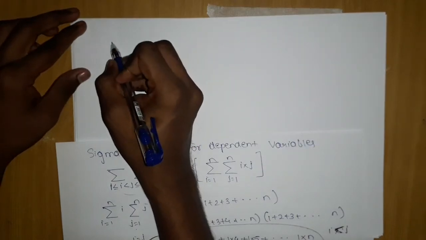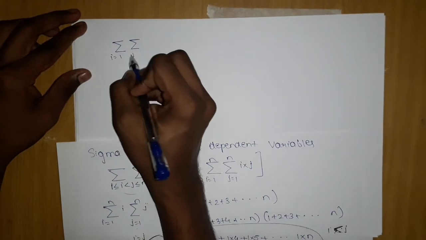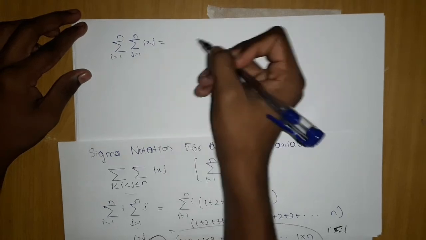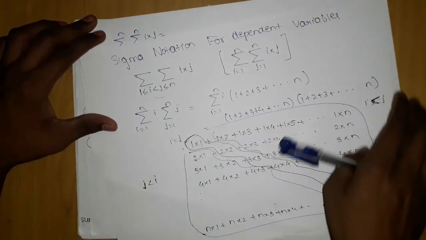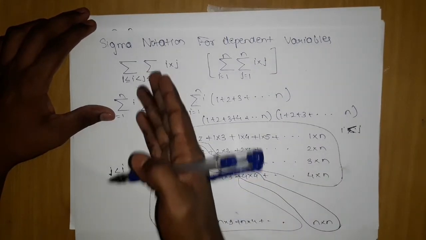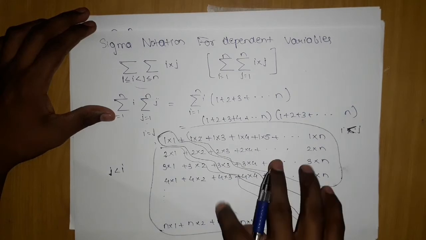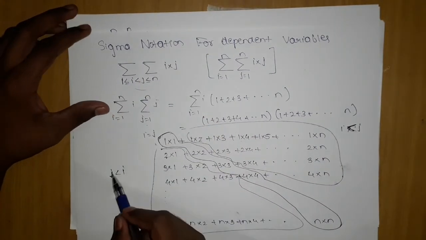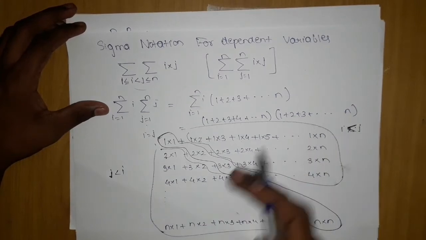So if you know this summation, i equals 1, j equals 1, of i cross j, this matrix will be equal to, we know that the upper part is nothing but this i cross j, but the lower part value is the same, so this is nothing but twice this. Now one more query: this is less than j, this is greater than, but the condition doesn't matter because the value is the same.